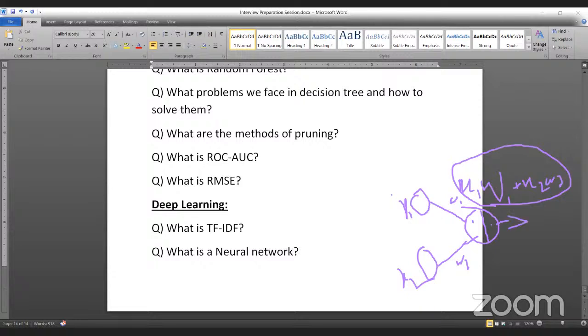Whatever this function processes and gives is the output of this single neuron, also known as a perceptron.